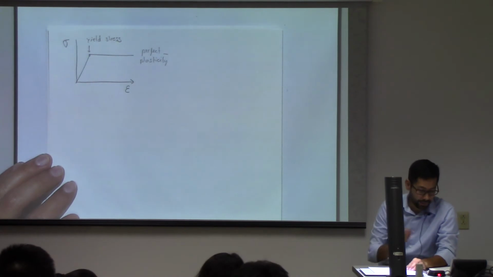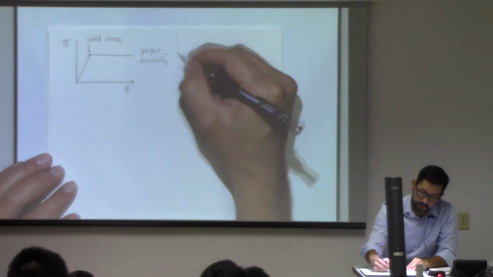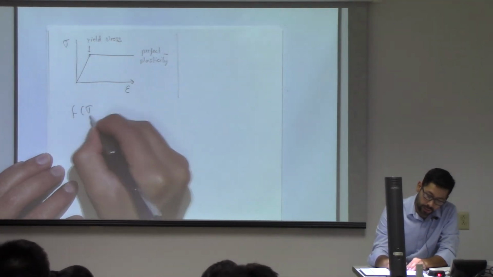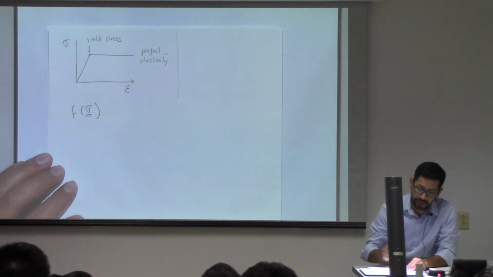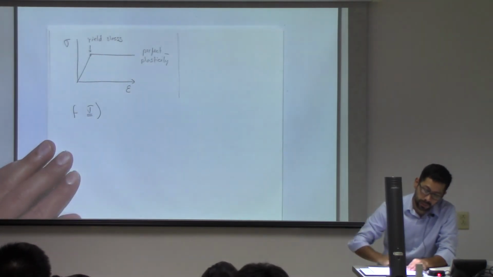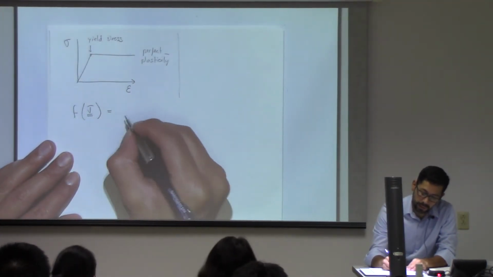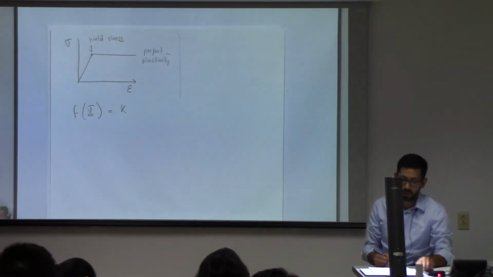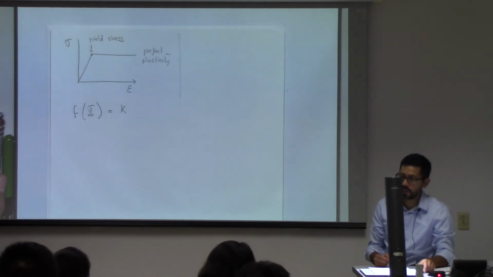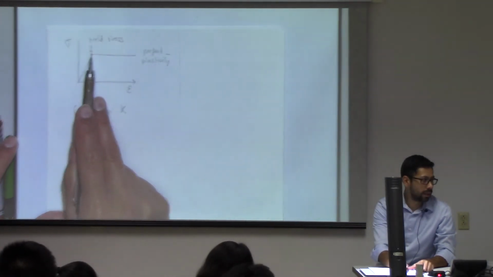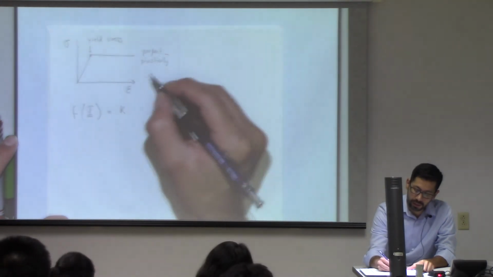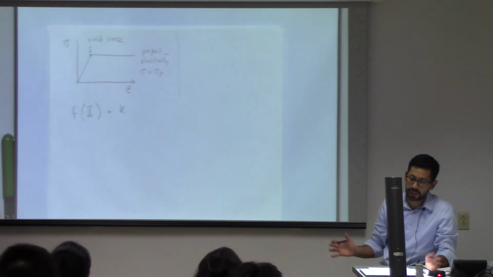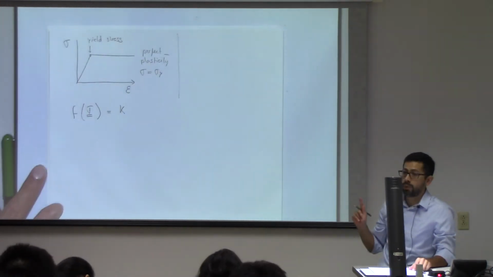Basically, when we do that, we can write a function of the stress tensor and make that equal to a constant. So the simple version of this is to say if sigma is equal to sigma y, that's failure. That will be in one dimension.